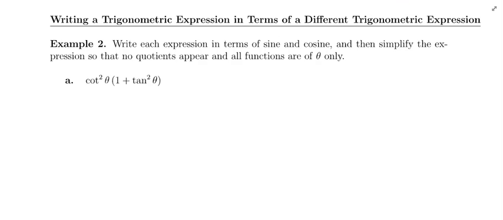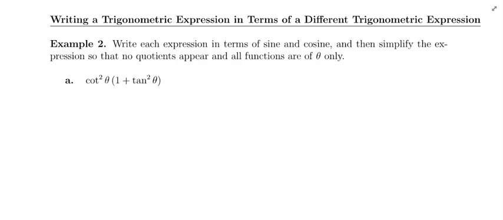All we're going to do is take our expression and try to simplify it or turn it into an equivalent trigonometric expression. Like I said, this is great practice in setting you up to review verifying trigonometric identities.